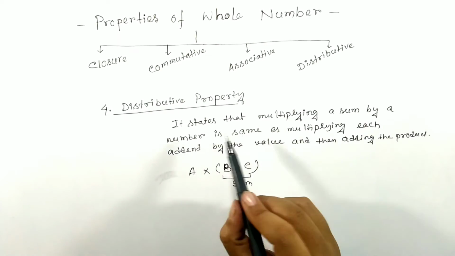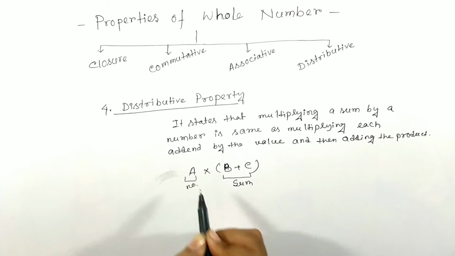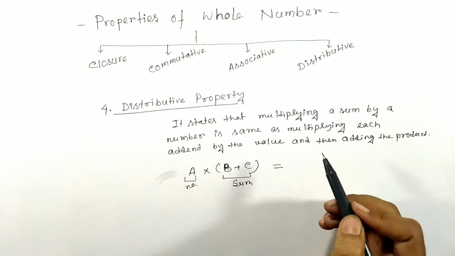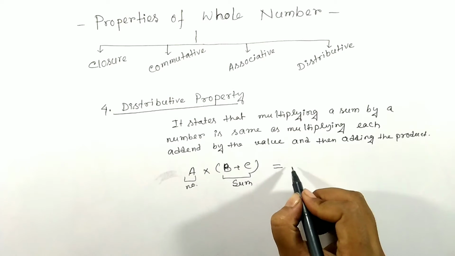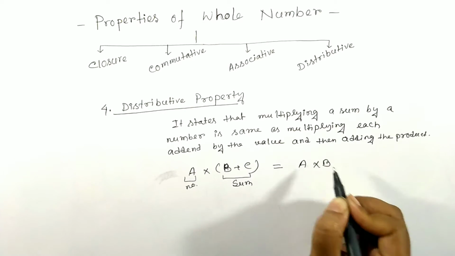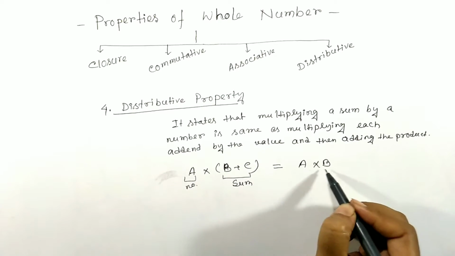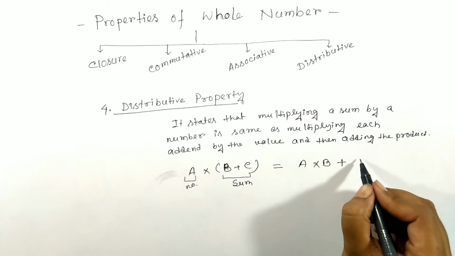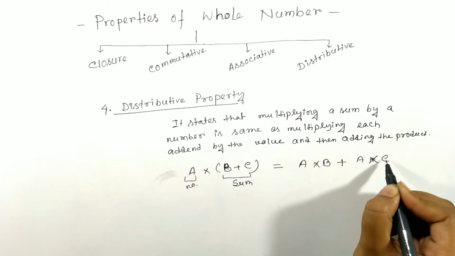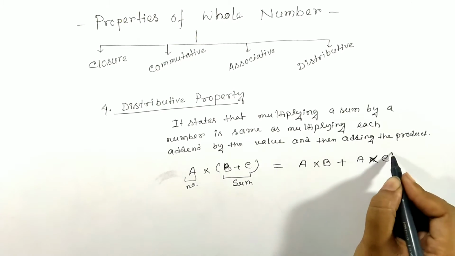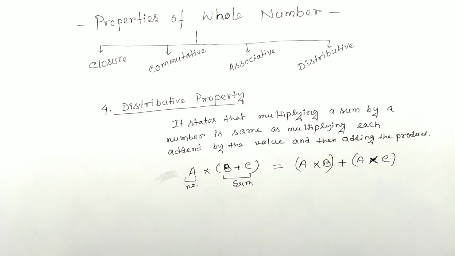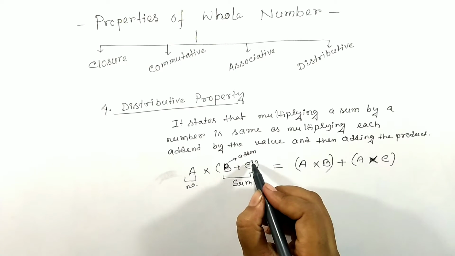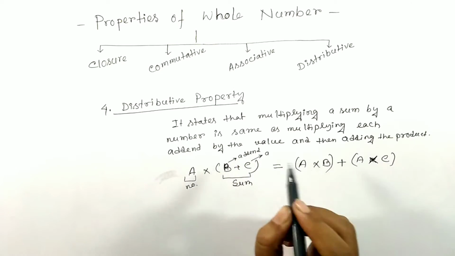Multiplying a sum by a number, and that is your number, is the same as multiplying each addend by the value, that is A into B. These two are multiplying each addend, then adding the products. So B is an addend. Similarly, C is an addend.